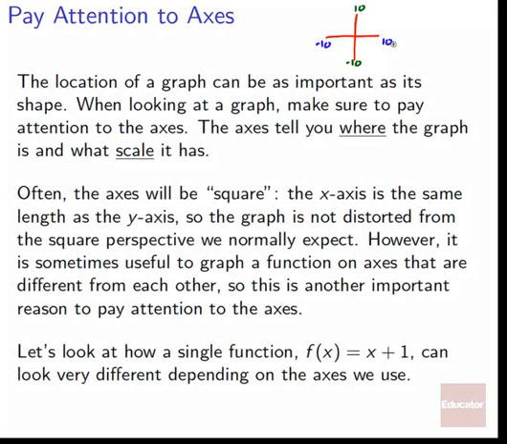So this is another really important reason to pay attention to the axes. You want to know how long they are, what amount of information is being represented in both of them, and also how big it is and where we're located. So you want to have some sense of what the scale is. Are they the same scale on both the x-axis and the y-axis? And just where are we located? Are we located in a weird place? Is it not centered on 0?